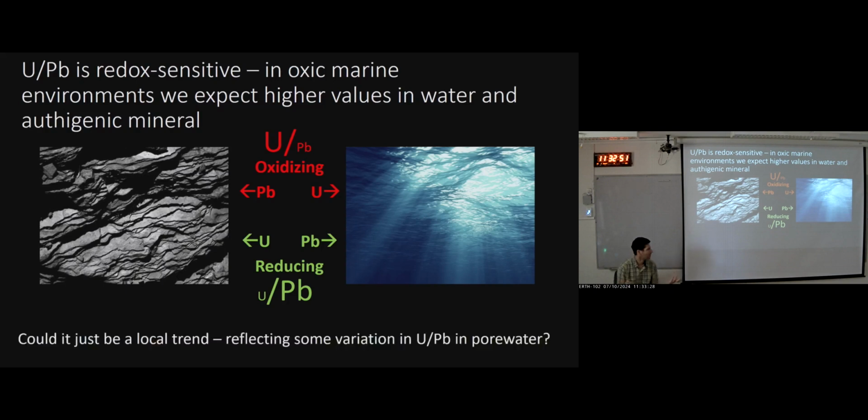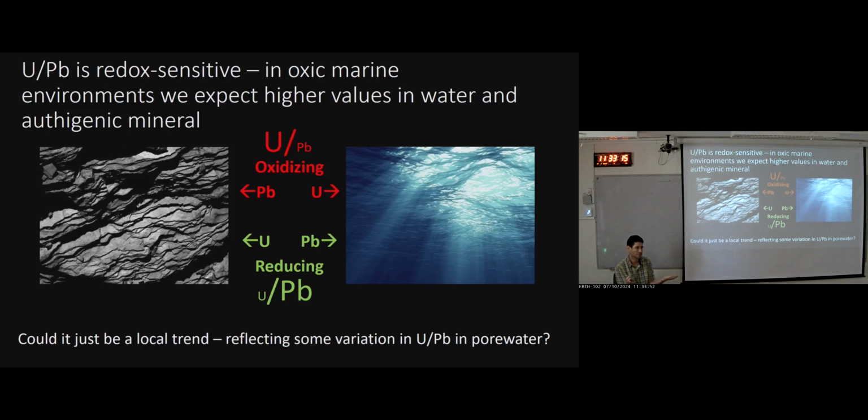But where? Maybe this reflects the entire global ocean, or maybe a region like the continental shelf, or an entire marine environment. But we need to remember that we can get redox profiles in sediment.